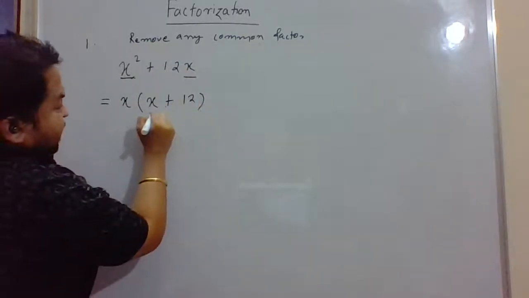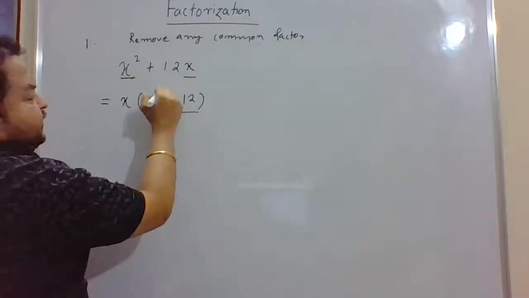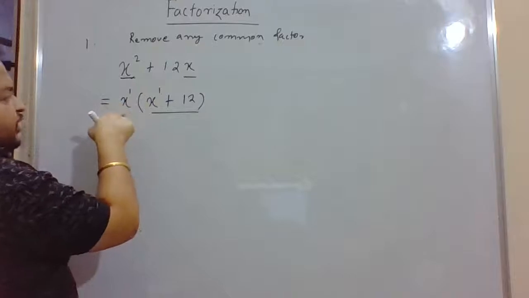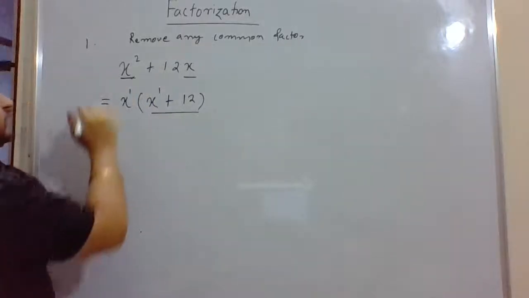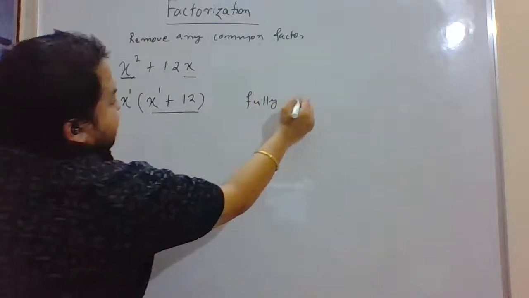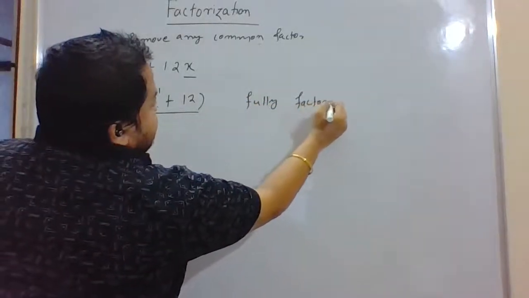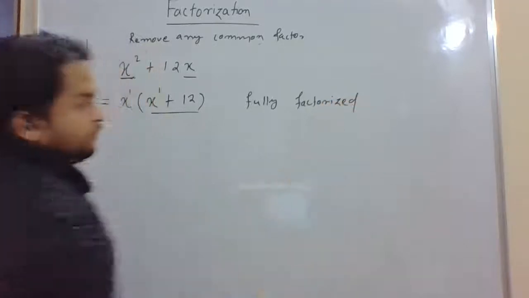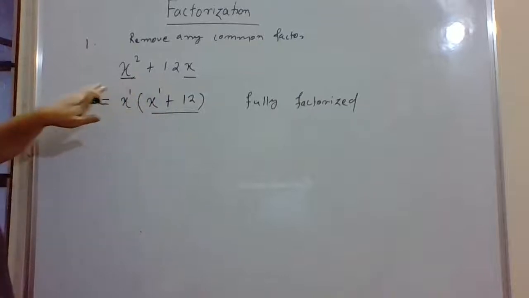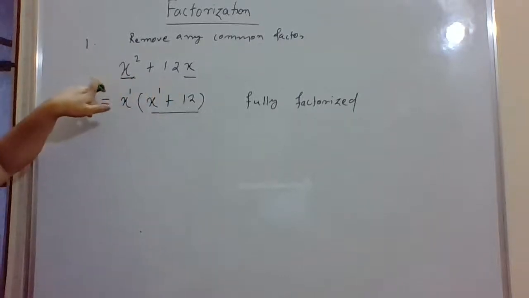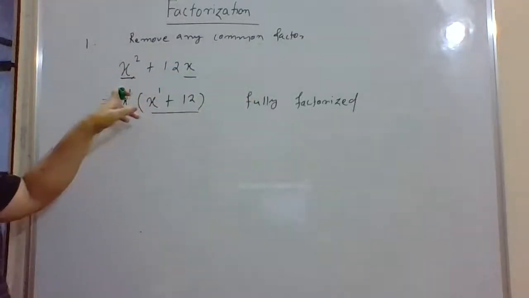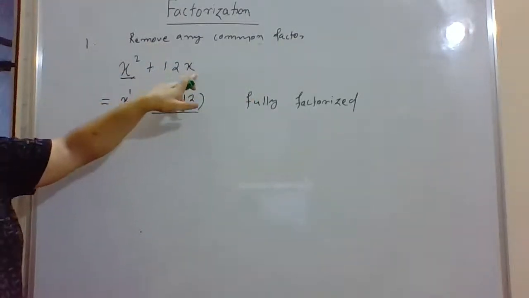Now you see in this expression, the highest power of x is 1, and in this term also the highest power of x is 1. So my expression is now fully factorized. In the problem, one expression was given, and what did I do? I removed the common factor, which was x.